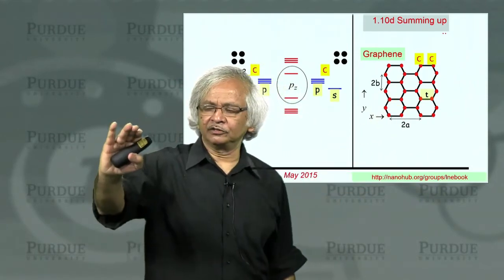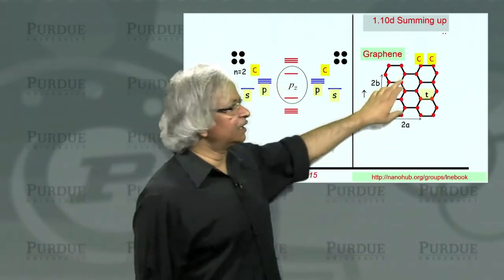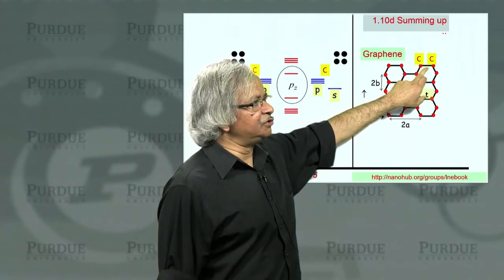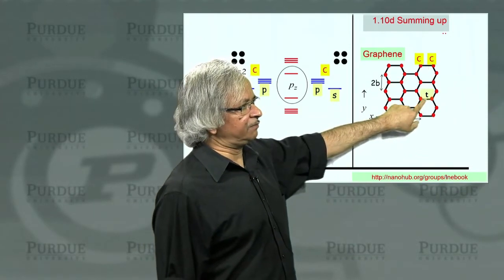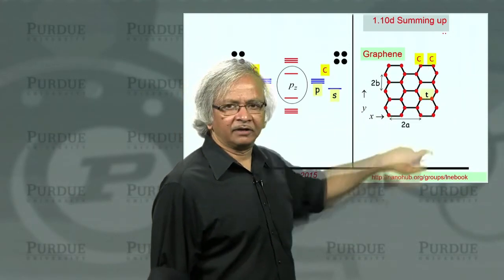Right now, all we are trying to do is figure out what are the right parameters to use for this T, for example, the one that connects 2 neighboring carbon atoms.